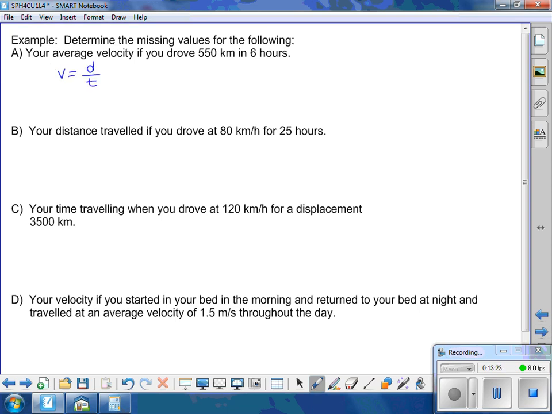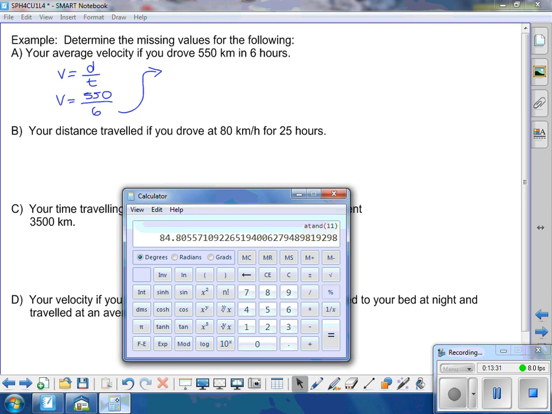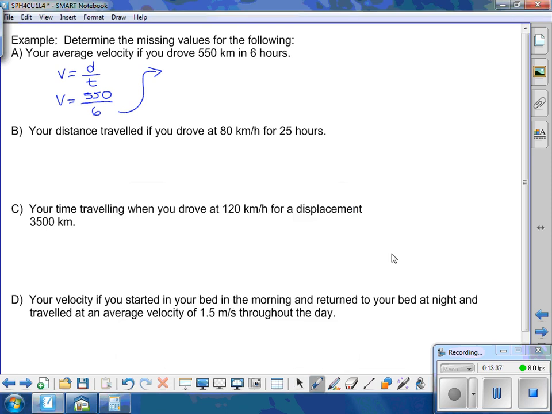They told me 550 kilometers is the distance, so I have 550 divided by 6. That gives me 91, call it 92 kilometers per hour. So if you drove 550 kilometers in 6 hours, you're averaging 92 kilometers an hour.